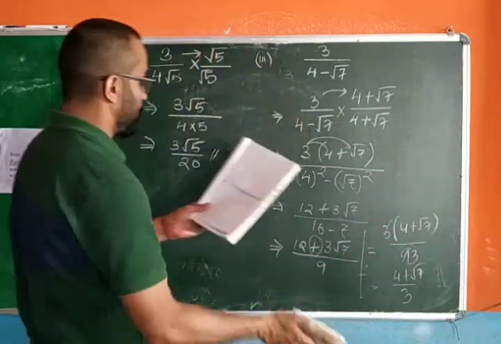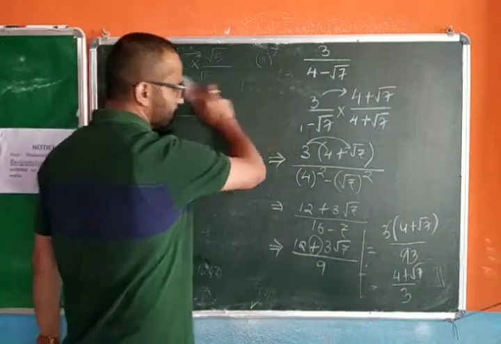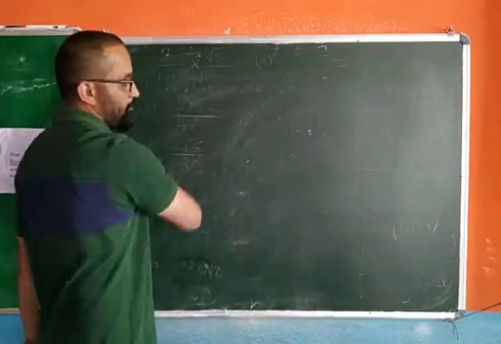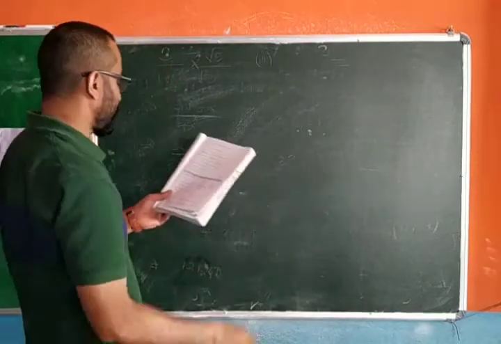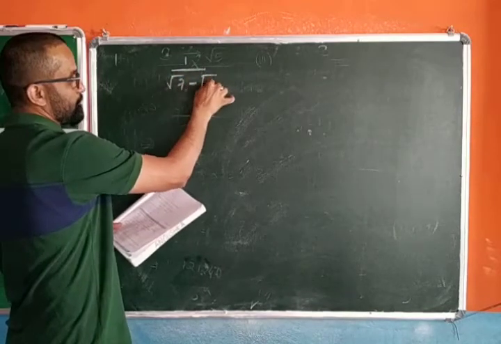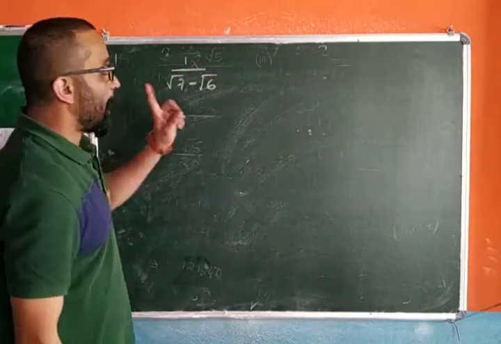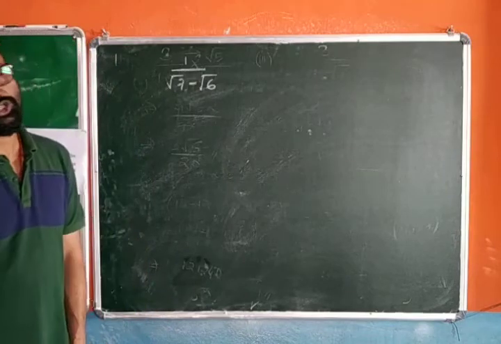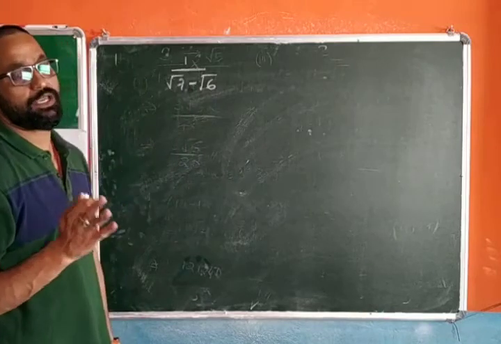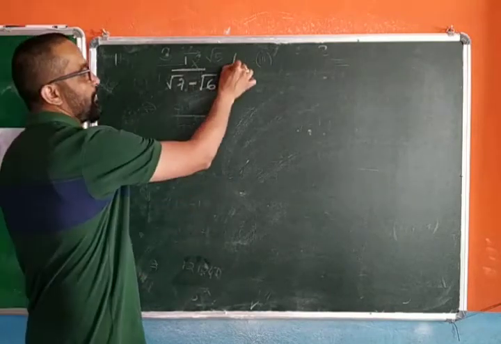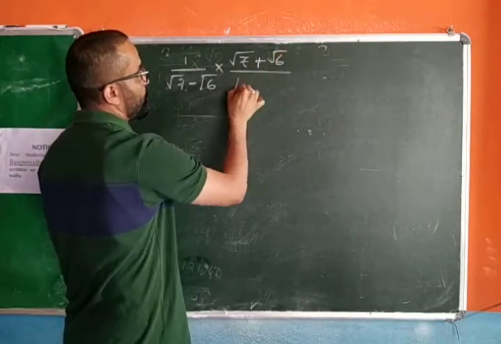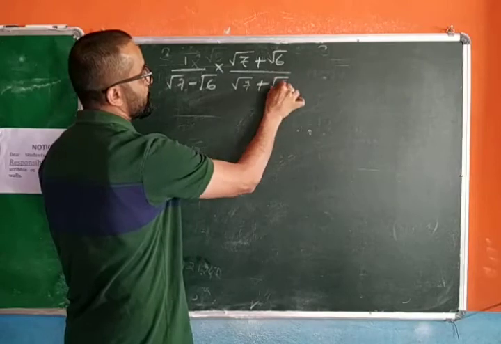Look at question number 6. Similar sum, same steps are involved, the process of rationalization. It is 1 divided by root 7 minus root 6. Identify the rationalization factor. There is a minus sign, so the rationalization factor is plus. It is root 7 plus root 6 divided by root 7 plus root 6.